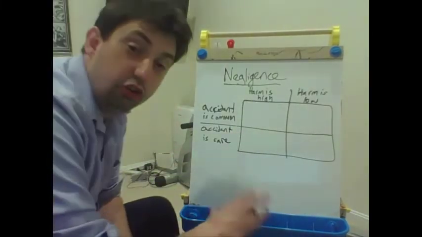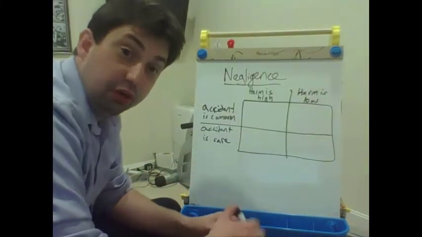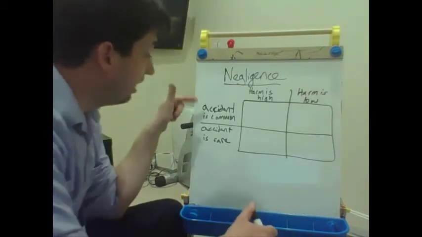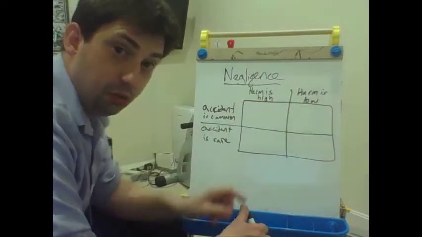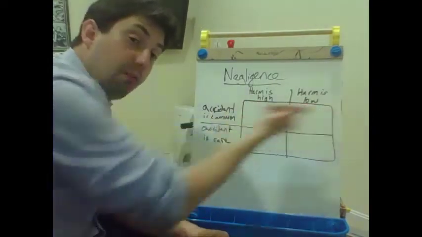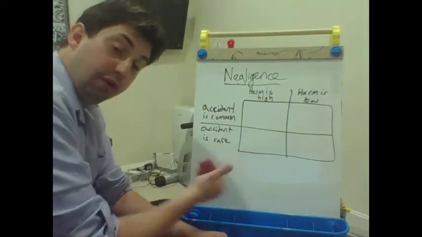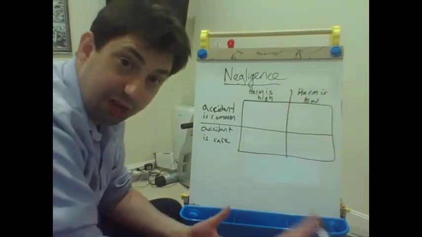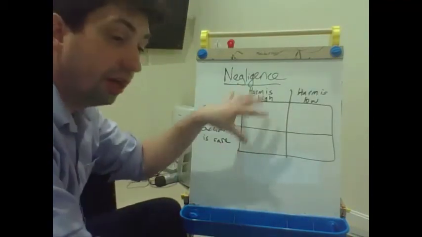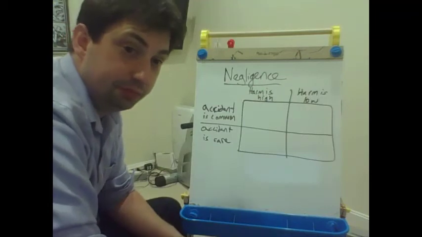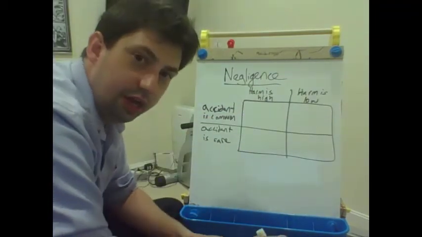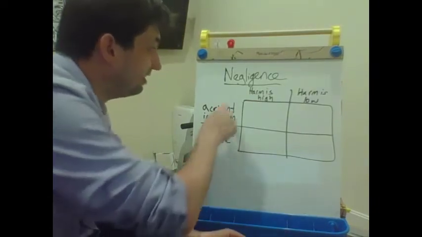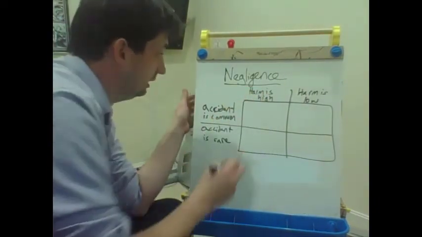Let's imagine, just to simplify things, 4 different possibilities. So the accident can either be common or rare, and the harm can either be high or low. Now, of course, there's a spectrum of harm, there's a spectrum of rarity, but just to keep things a little simple, let's just recognize these 4 possibilities. If the accident is common and the harm is high, then the expected harm is really high.